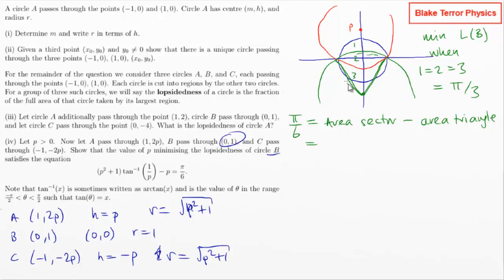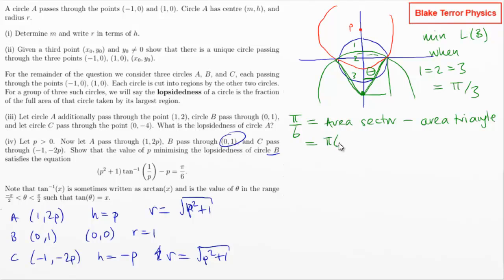The area of the sector, so this is going from P down, so we've got this sort of thing going on here. We're looking at that angle, so we've 1 across, p down. So that angle there, let's call that theta. So area of sector, that's angle theta. So we've got pi r squared, so it's this bit, isn't it?